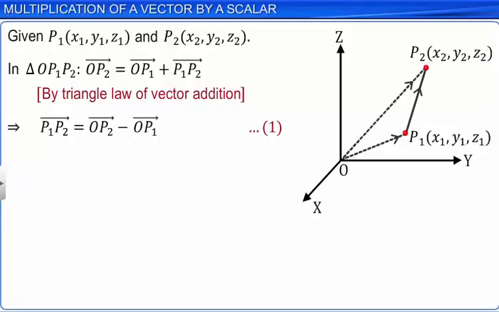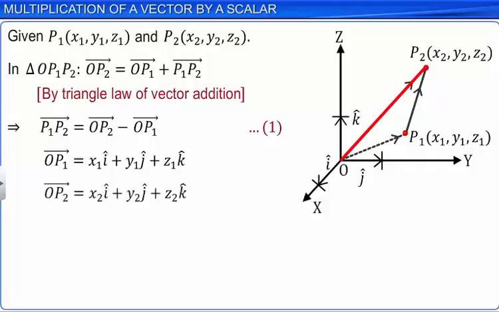If vectors i, j and k are unit vectors along the x, y and z axes respectively, then vector OP1 in component form is given by x1 into vector i plus y1 into vector j plus z1 into vector k. Similarly, vector OP2 in component form is given by x2 into vector i plus y2 into vector j plus z2 into vector k.